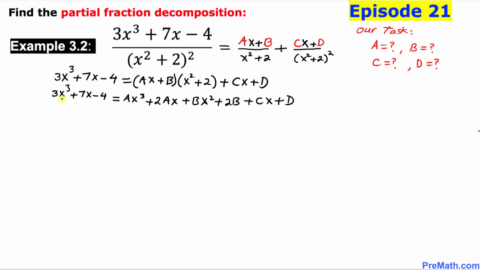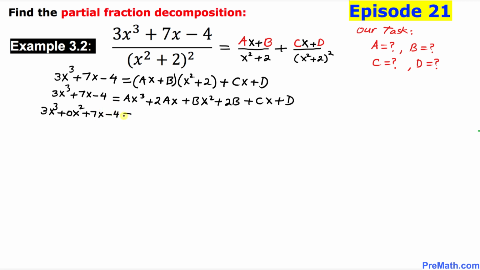And now, as you can see, on the left hand side the x squared term is missing, so I can rewrite this as 3x power 3, and since the x power 2 term is missing, I can write down 0 times x power 2, and then plus 7x minus 4.